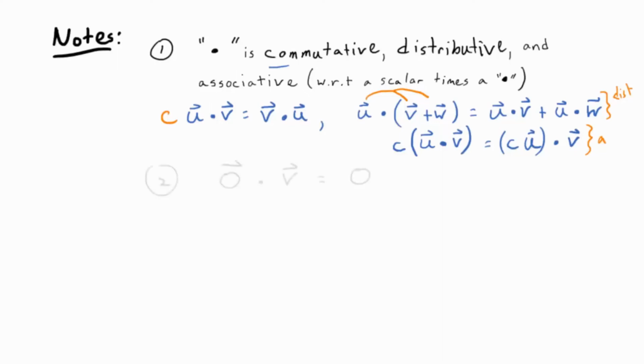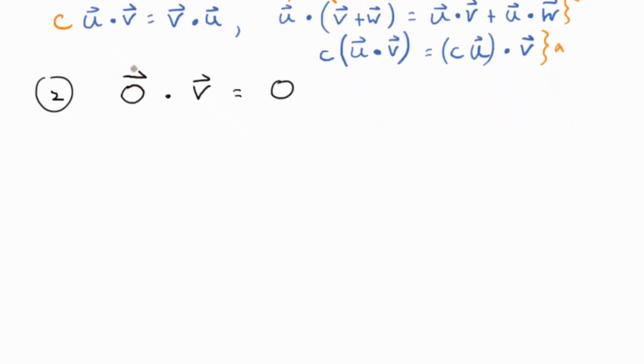Now, what do I mean by note number 2? 0 with an arrow over it, dotted with V equals 0. So this 0 is not your everyday 0, right? This is the vector. When you see 0 with a half arrow over it, we really mean the vector with components all 0, don't we?